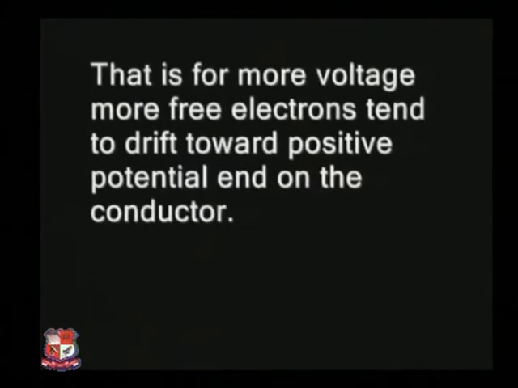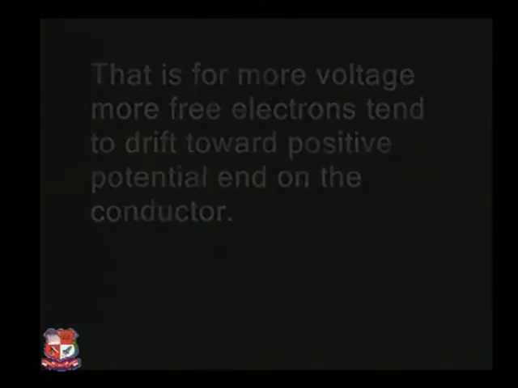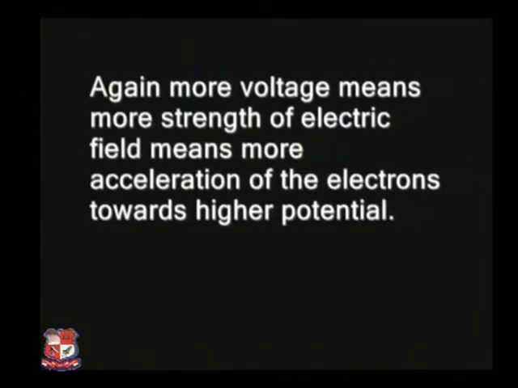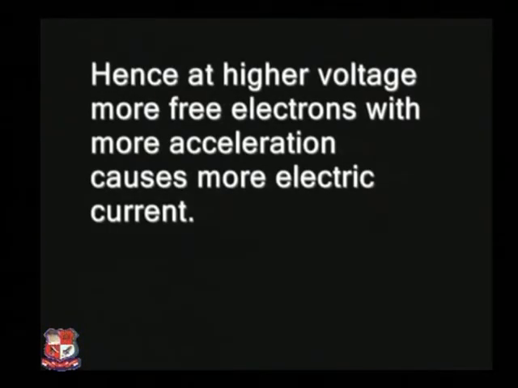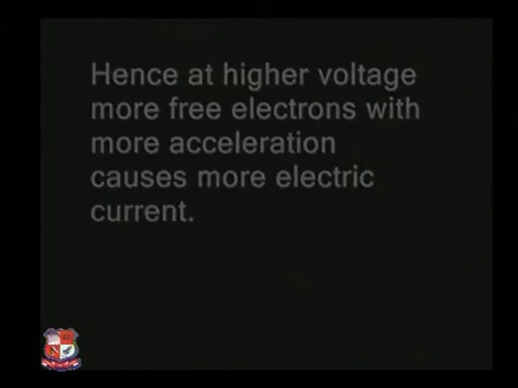That is, for more voltage, more free electrons tend to drift towards the positive potential end of the conductor. Again, more voltage means more strength of electric field, means more acceleration of the electrons towards higher potential. Hence, at a higher voltage, more free electrons with more acceleration cause more electric current.